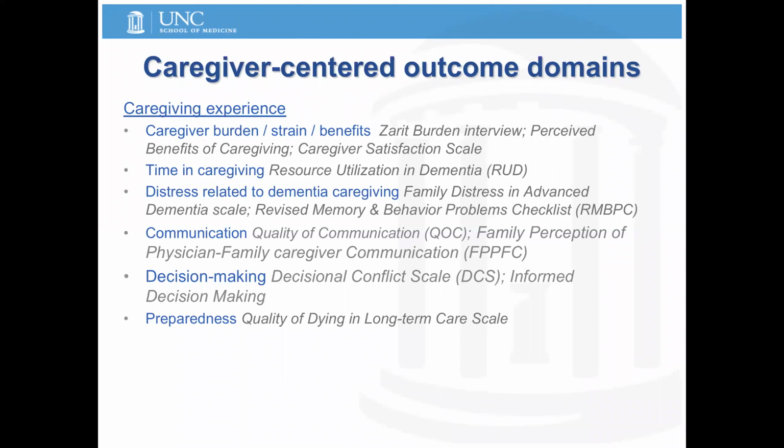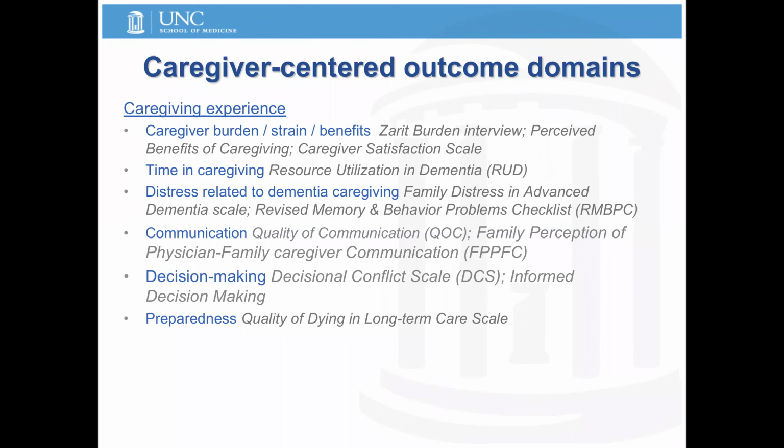A common area of measurement of caregiver outcomes would be caregiver burden or strain. But it's important to remember that caregiving has benefits as well, and that caregivers can be very satisfied as well as stressed or dissatisfied. So there are measures available for both aspects of caregiving.